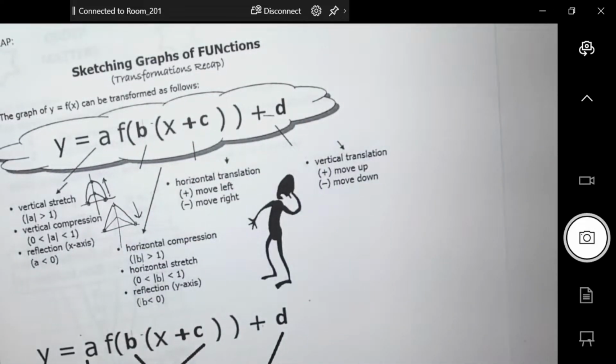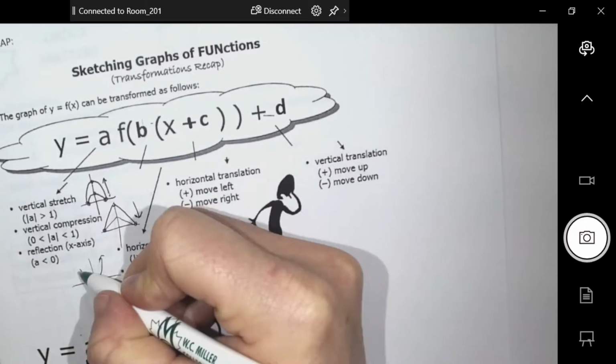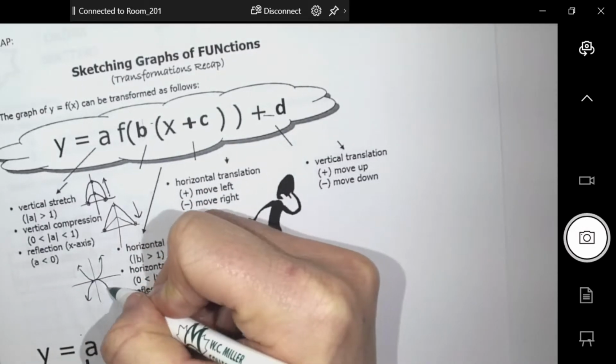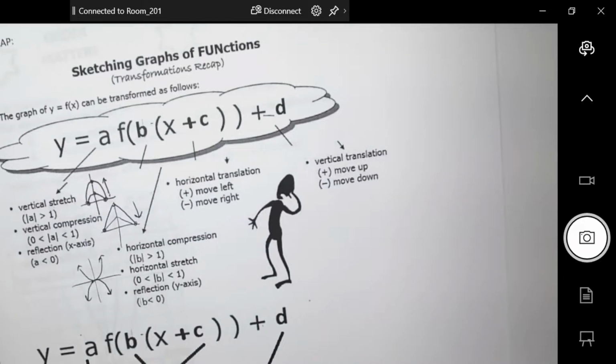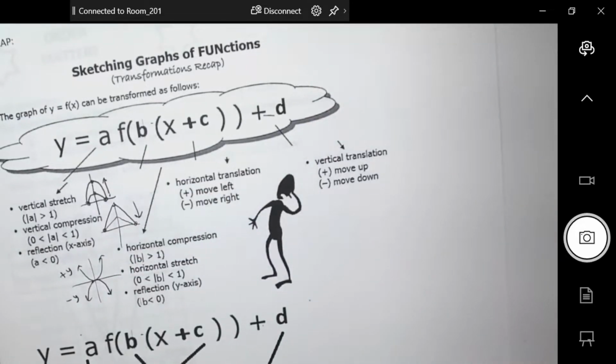So I kind of squished it, I pushed it towards the axis like that. So that's a vertical compression. And a reflection would look like that. Okay, it's reflecting over the x-axis because I'm changing the y's. So these have positive y's and those have negative y's. That's what I was doing.